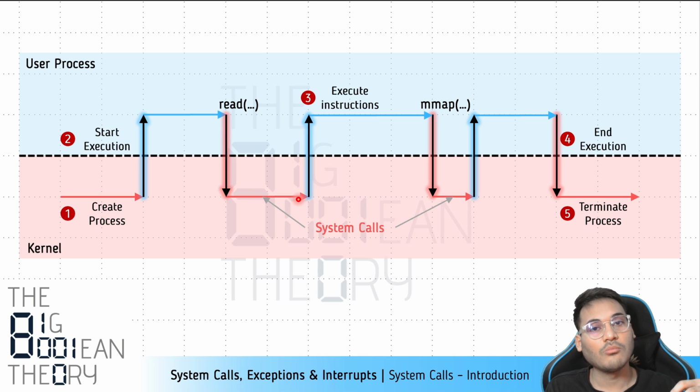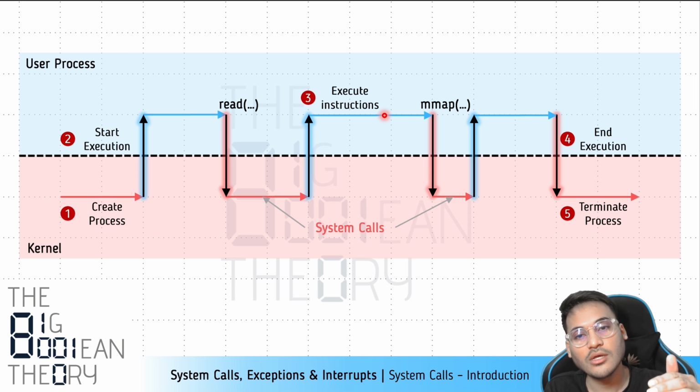The kernel performs the requested operation for the user process, and when that operation has finished, the results are returned back to the user process, which resumes the execution from the point it had left. So some user code was being executed, then there was a system call. At that point, the control was transferred to the operating system, some kernel code was executed, and then back to the user code.